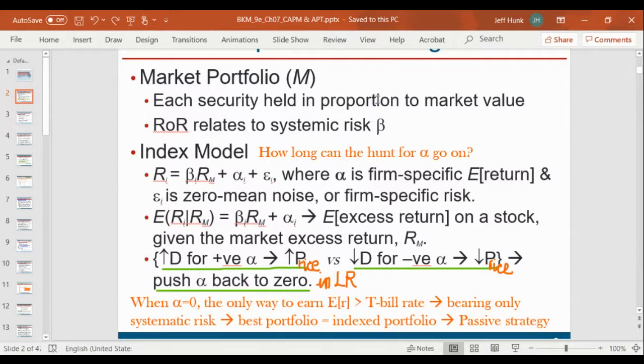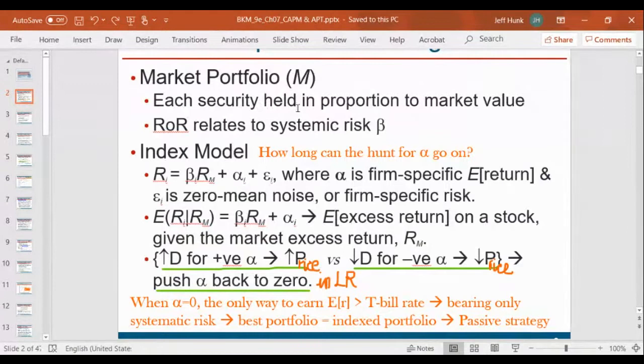So we already understand what the market portfolio is. Of course, you cannot exactly replicate the S&P 500 in its entirety. The market portfolio we can have is a scaled-down version of the S&P 500, because to have the real S&P 500, you would have to have tens of trillions of dollars.